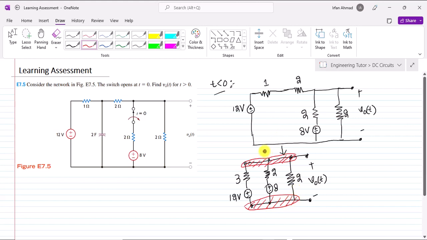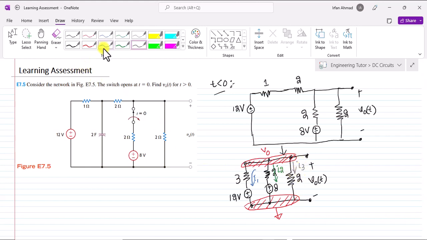Let me call this voltage V naught and take the other node as ground here. Okay, so there are now 3 currents passing through it. The first current is here, let me call it I1, the second current is passing through this one, let me call it I2, and the third one passes through this 2 ohm resistor, and let me call it I3.